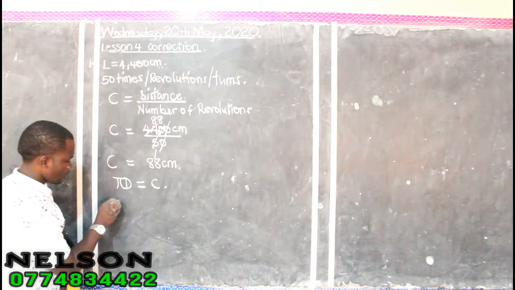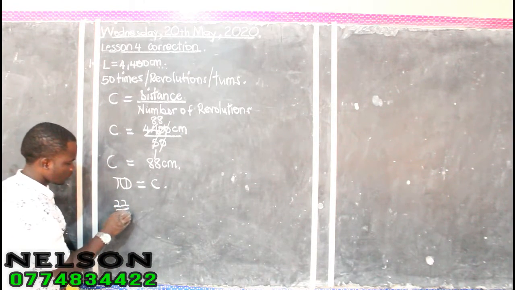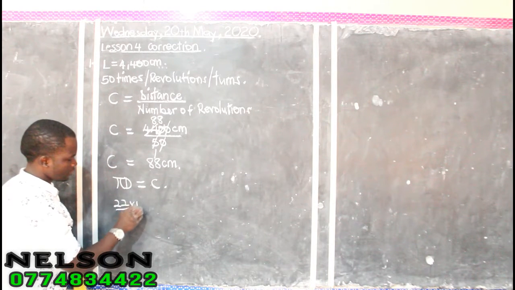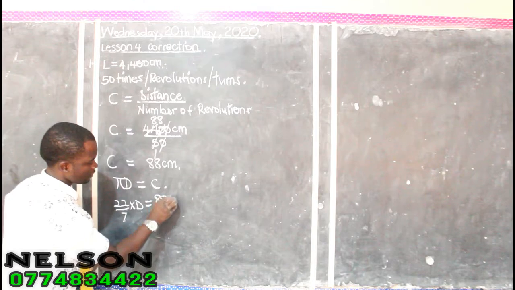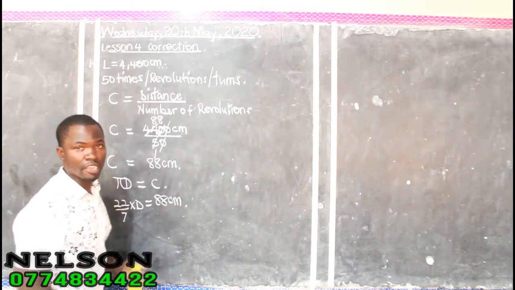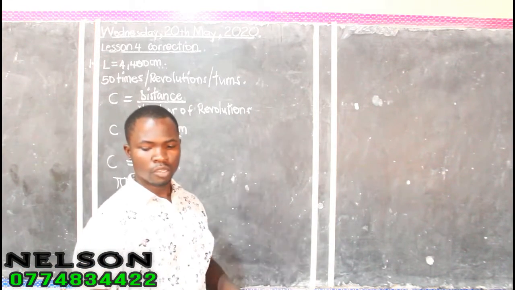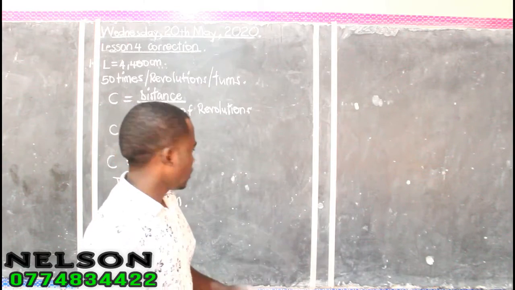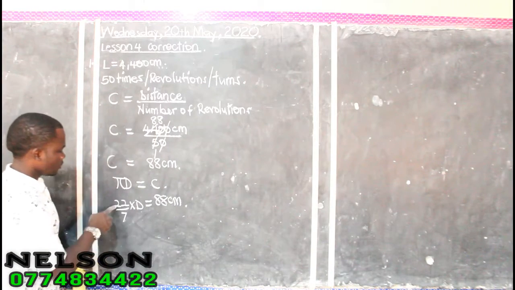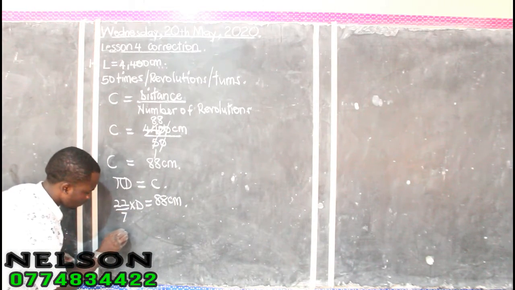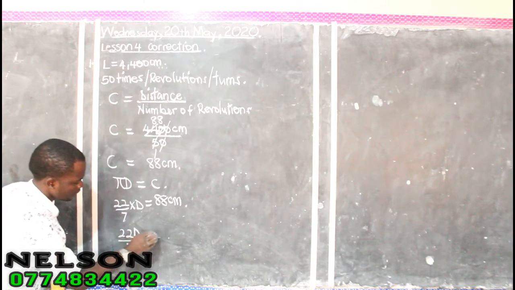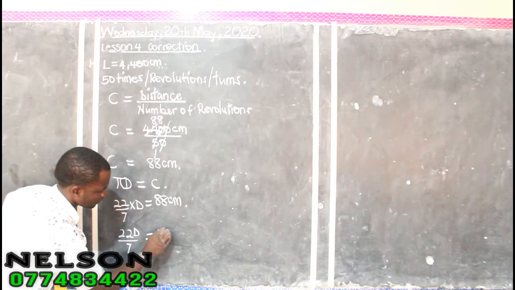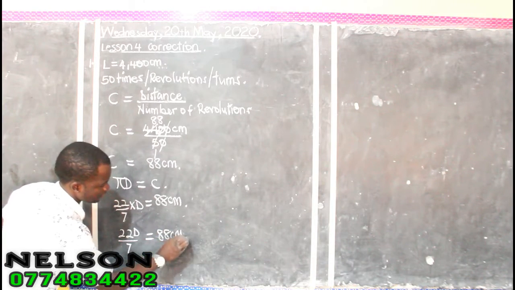So this will now be 22 out of 7 times d equals 88 centimeters. Let's simplify. 22 times d, we shall have 22d out of 7 equals 88 centimeters.